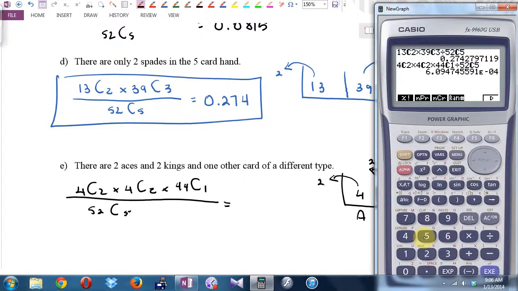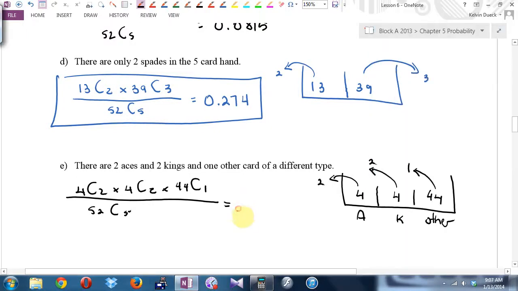Ooh, I'm getting a number in scientific notation. Are you guys? Okay. So do you get point zeros? Do you get 3 zeros? And then 6095, and so on.